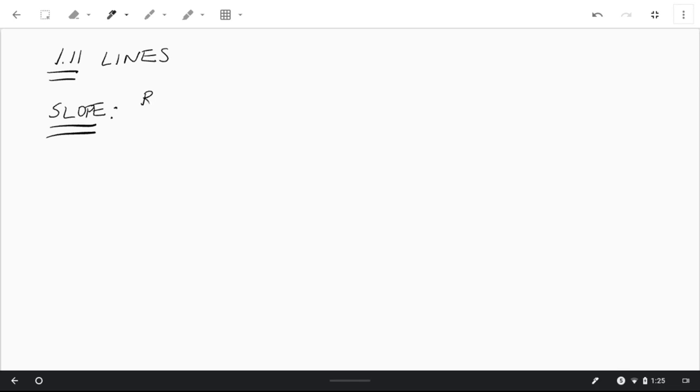Okay, so we are starting off with the idea of slope. So maybe some of you guys have some sort of an idea of slope. So what are some of the things you think of when you hear the word slope? Okay, so maybe some of you guys said you think of rise over run.